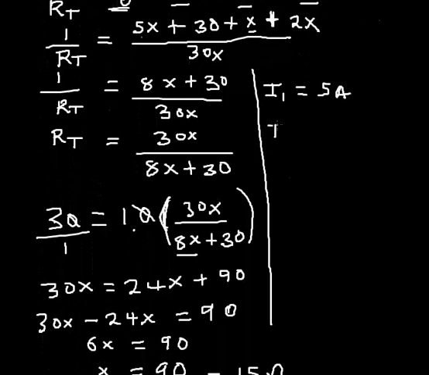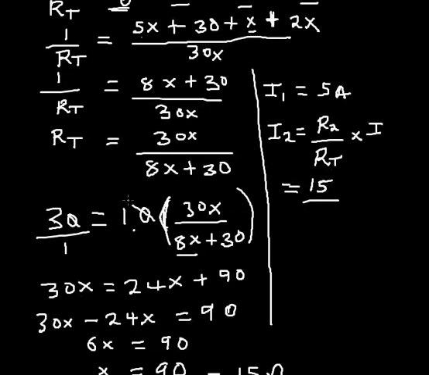So I2, the current passing through X, is going to be equal to their ratios, okay? That's going to be resistance R2 divided by the total resistance multiplied by the total circuit current. So this is going to be equal to the resistance R2, which is the X that we've actually found, which gives us 15.